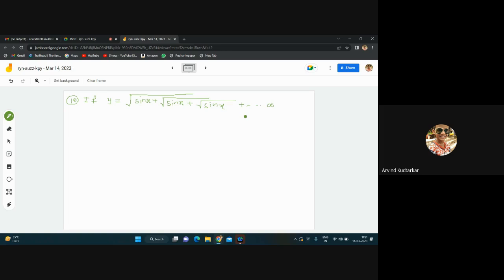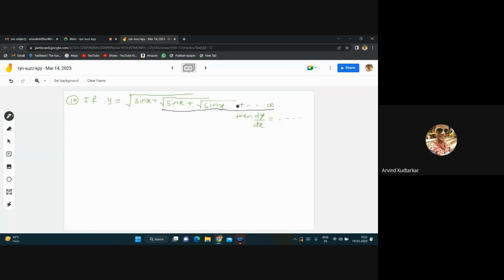You may feel that this problem is very lengthy: root of sin x plus root of sin x plus root of sin x, infinite times, and that the job is lengthy. No, this example is also simple. So y is not just root of sin x plus root of sin x plus root of sin x. From the second term onward, this part is also y. So can we write y in place of this sum?